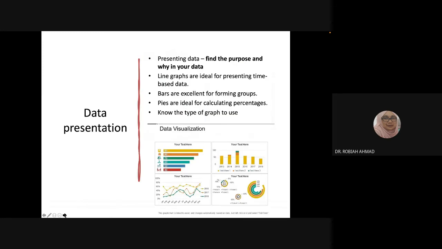Okay, and that is the source of data. So whatever type of data you're dealing with, you know which type of data you use. Make sure that your data has been validated and is properly cited.